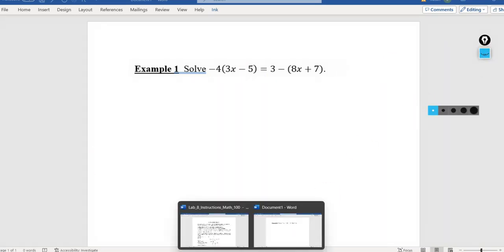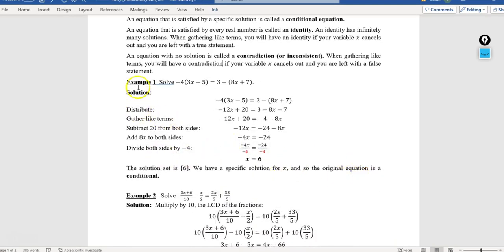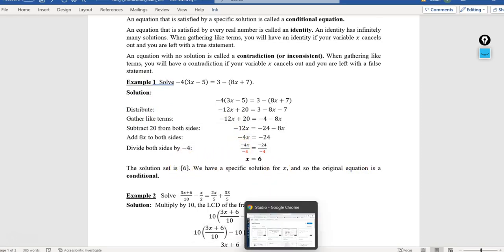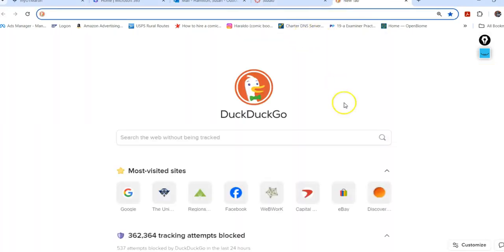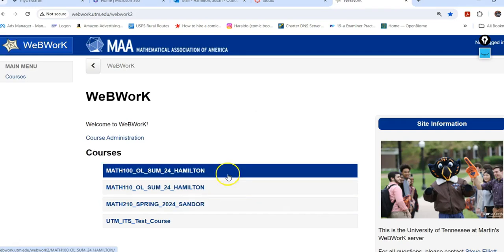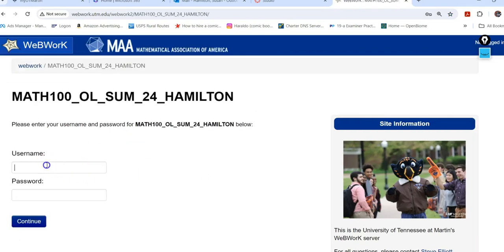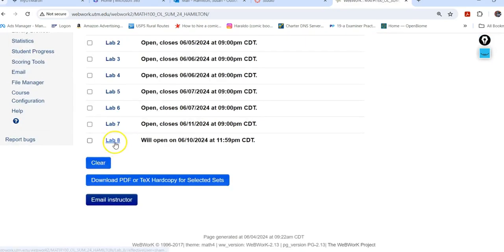And let's go back to the lecture notes, the lab notes. Okay, so there they are, the steps there, and we have a conditional equation. So when you are in your web work, let's look at lab 8.